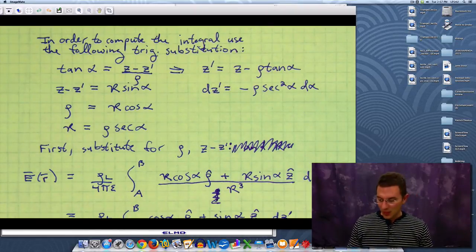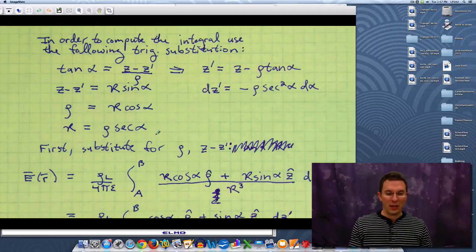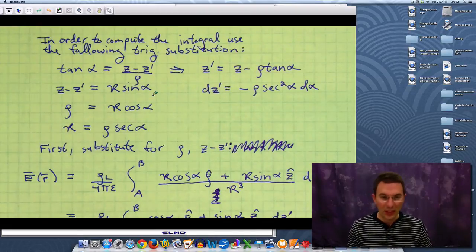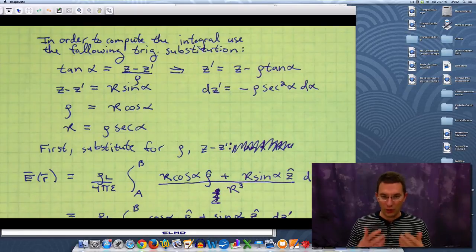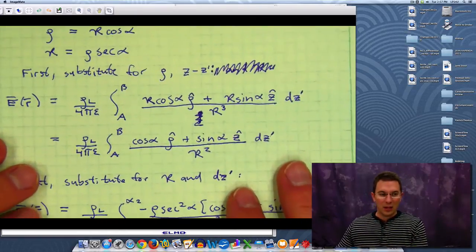All right. So the first step is to go back in and simply substitute for rho using this expression, and substitute for z minus z prime using this expression in our original integral.